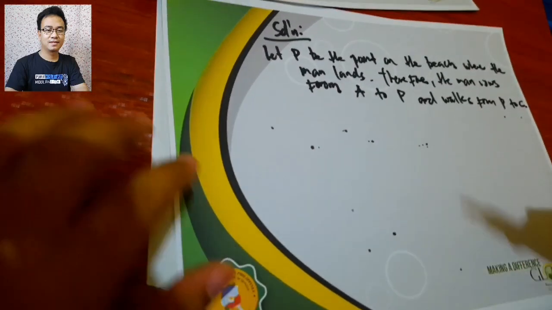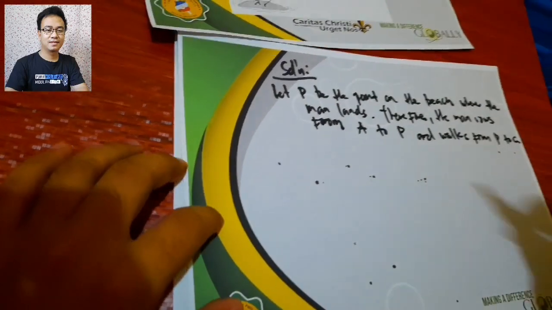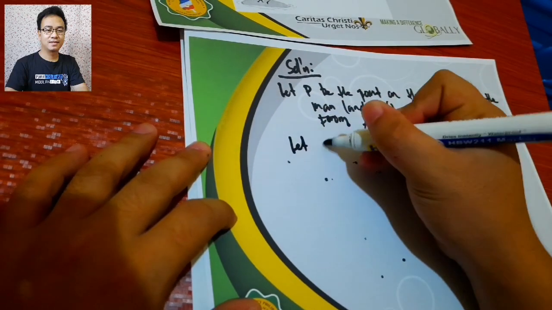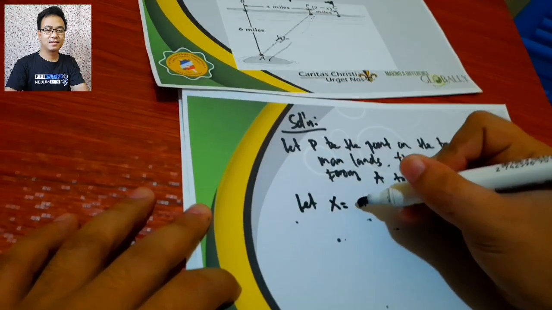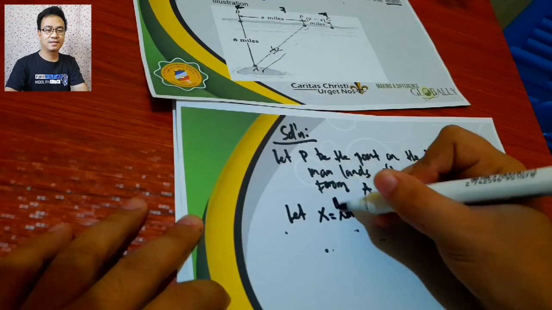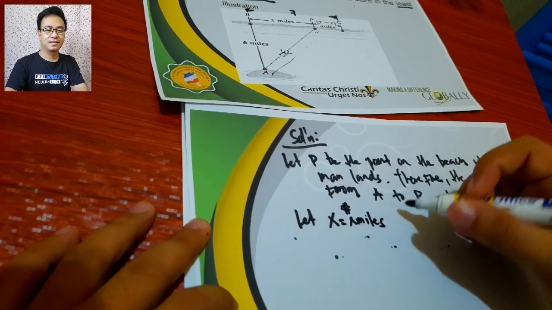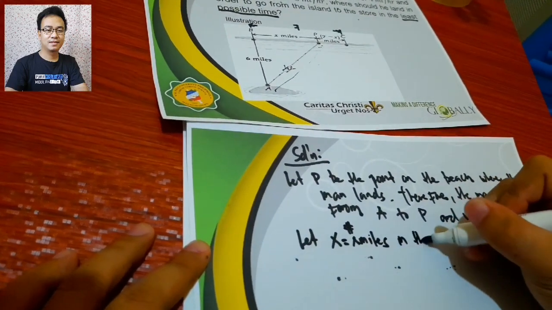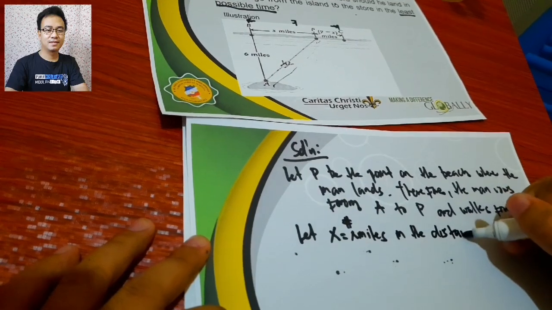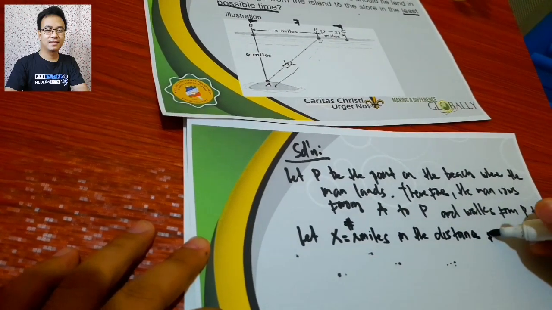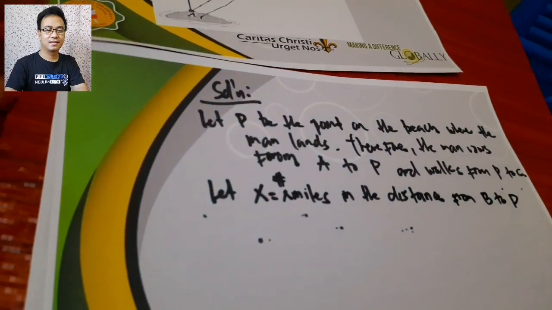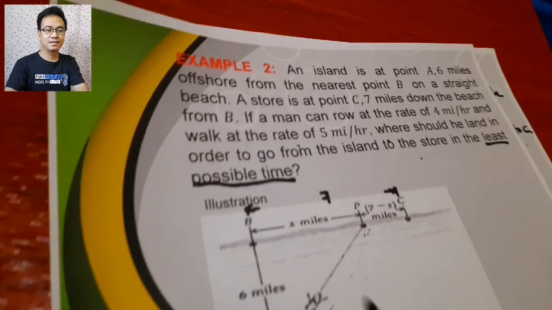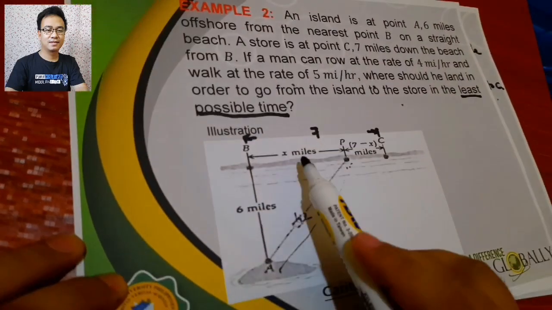Okay. We also let X to be the number of miles and the distance from B to P. That's the distance from point B to point P. We let that as X.